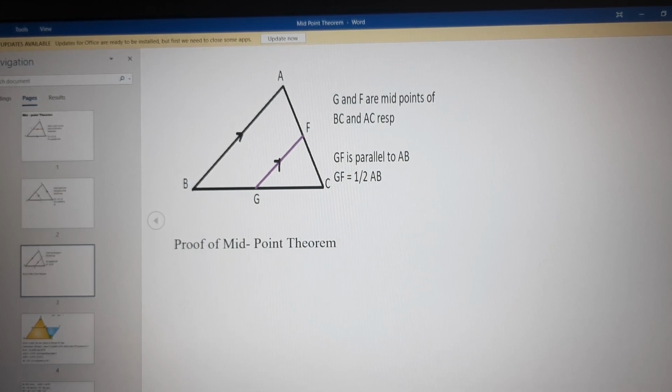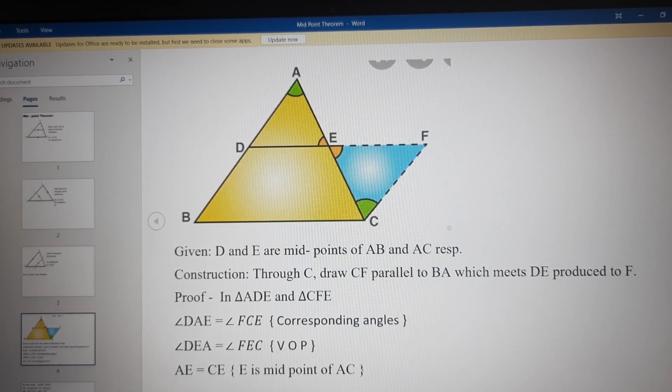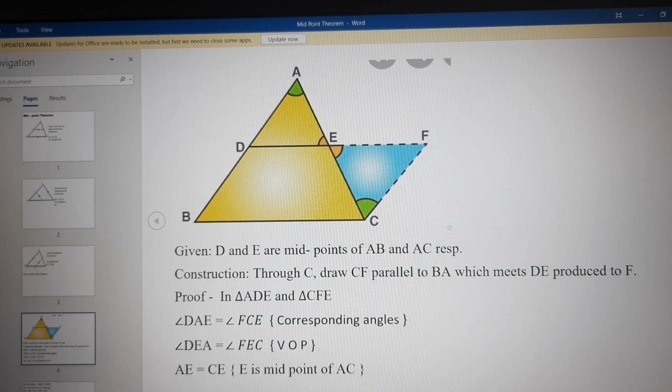How are you going to prove the midpoint theorem? To prove it, we have to take a triangle ABC. In triangle ABC, it is given that midpoints of any two sides are given. So it is given that D is the midpoint of AB and E is the midpoint of AC. Or in one sentence, in triangle ABC, given that D and E are midpoints of line segments AB and AC respectively.